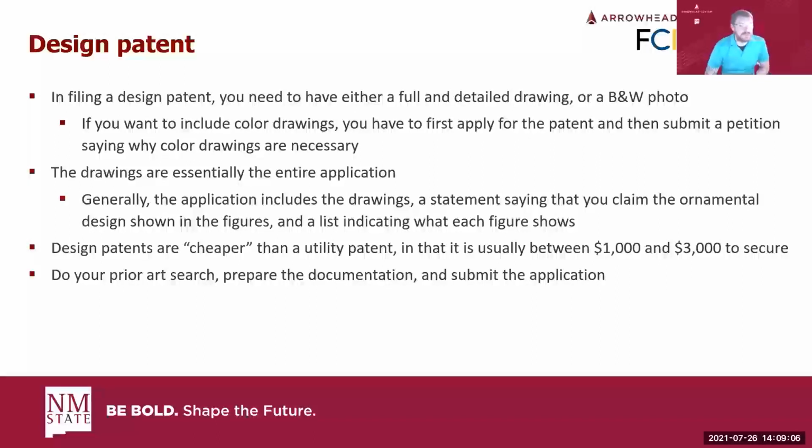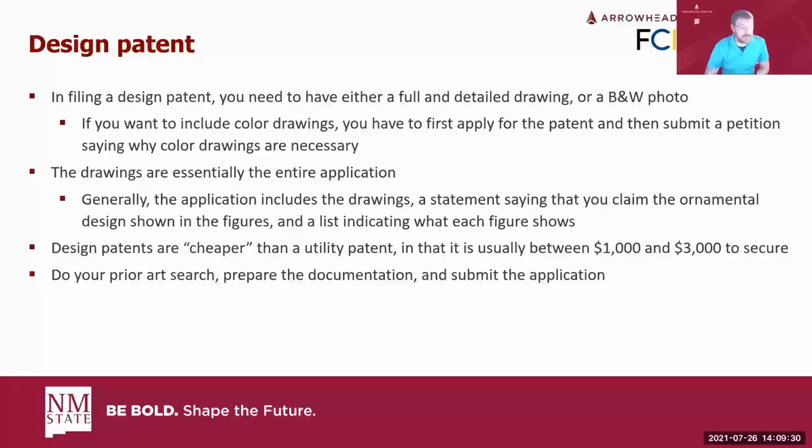But for a design patent, really the application is the design itself. You have some sort of description of it, but those figures show the minute detail, the variation and topography of the design, and how it lays on whatever you're putting that design on.